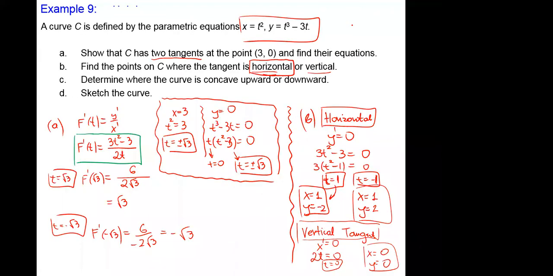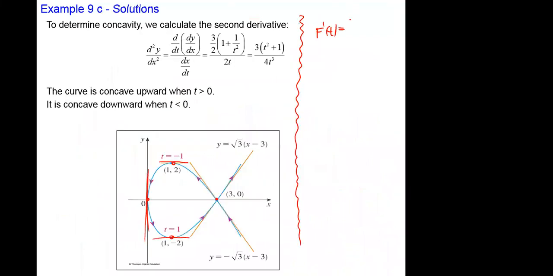It's 3t squared minus 3 over 2t. I simplified a little bit just to avoid the quotient rule. I can divide, and that means we will have 3/2 t minus 3 over 2t.